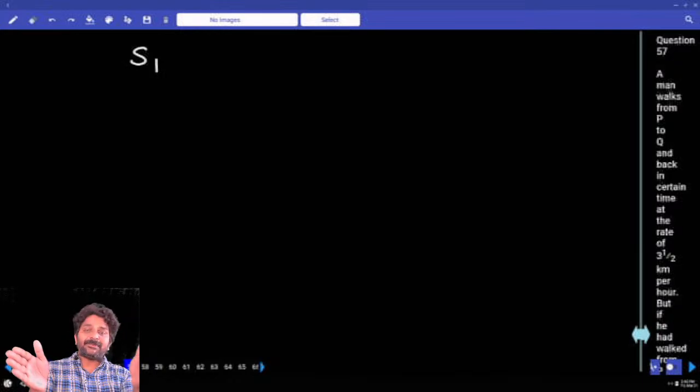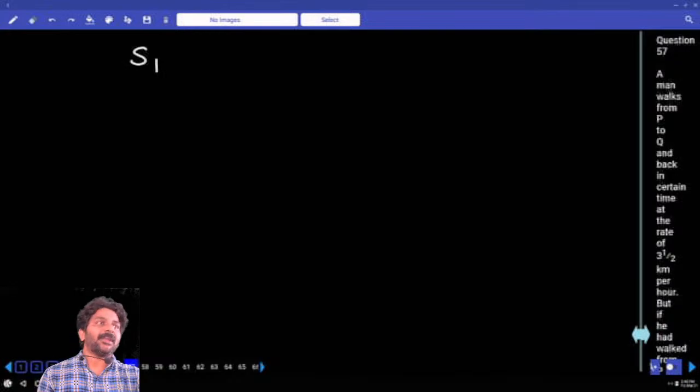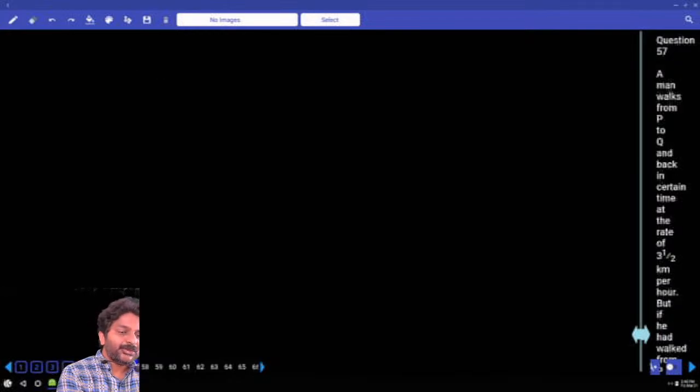If the distance between the two places is the same, P to Q and then Q to P, onward traveling with 3 and return traveling with 4, to calculate the overall speed, what can you do? 2AB by A plus B. Yes. So speeds ratio, let me do it like this.